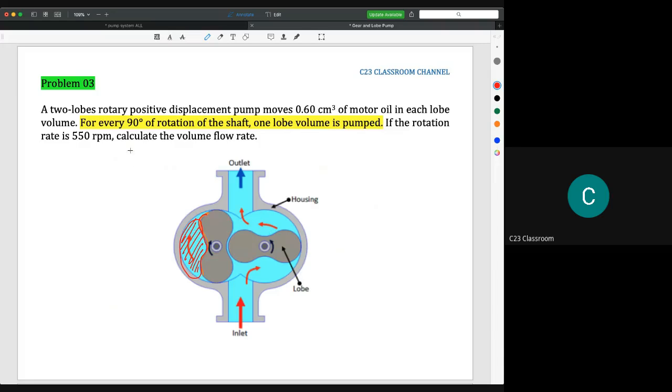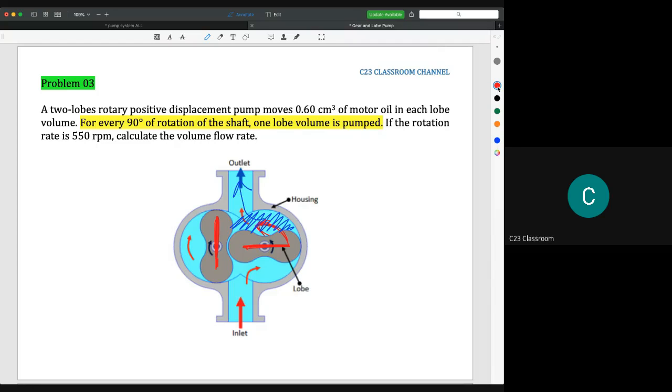First, you need to understand this statement, because in some lobe pump questions they will not give this statement. I put it here because I want you to understand the mechanism of the lobe pump. Here, this is the vertical lobe, and at this moment the other lobe is in a horizontal position. When this one is up, we assume the liquid in this area will flow out.